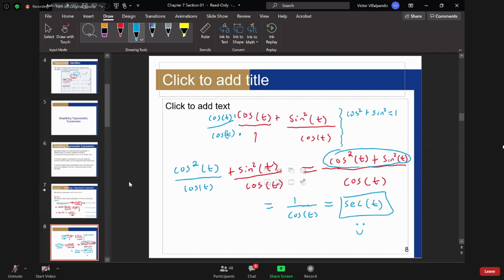Someone asked me one time in a previous pre-cal class, so secant's the answer, or if cosine's the answer, whatever trig function it simplifies to. I said, well, technically, yeah, secant's the answer, but on a written exam it's a little bit different from the online homework. I'll be taking a look at how that homework is, but at least for 6.6 that should be a little easy.